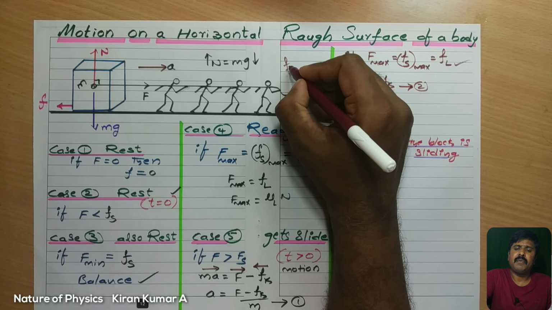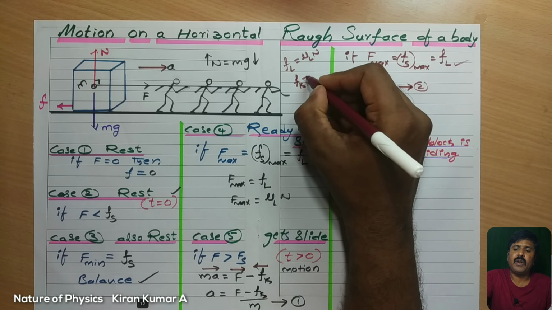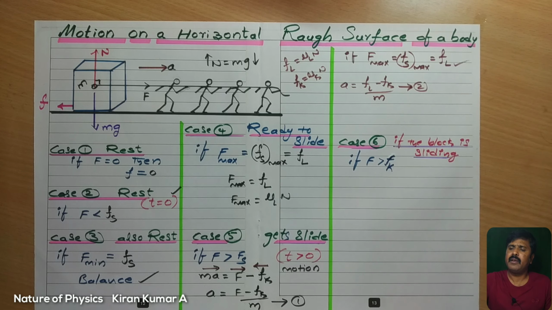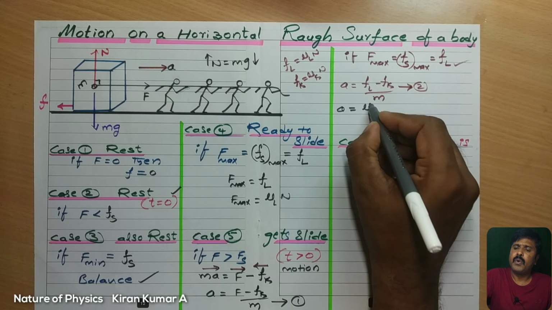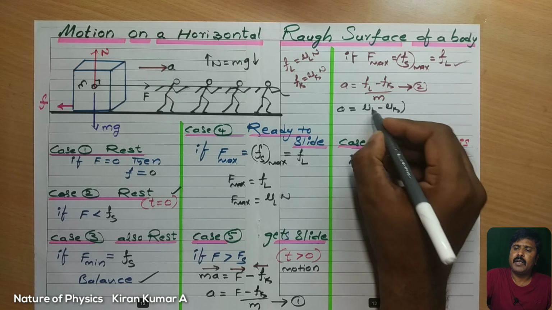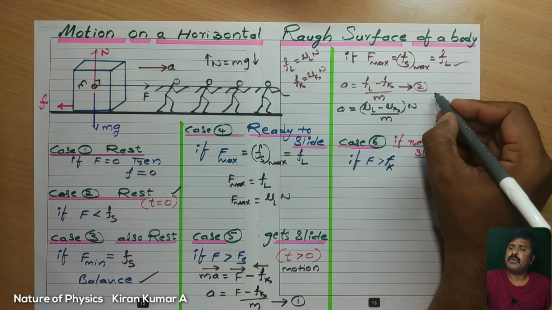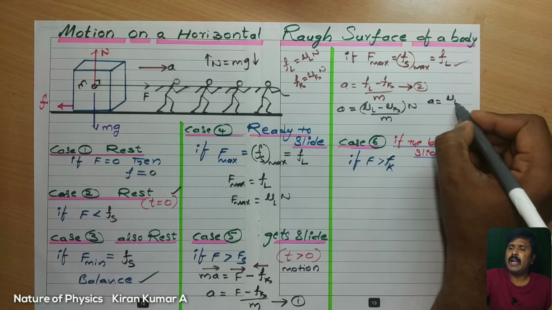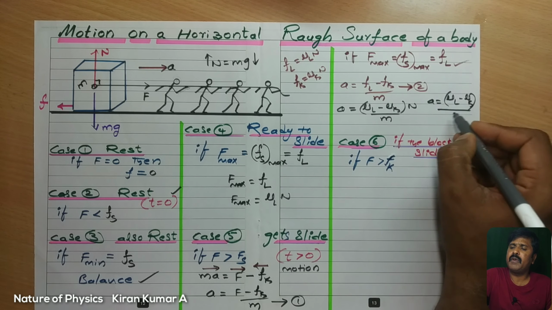But we know FL is equal, what is the formula, student? mu L into N, and Fk is equal to mu K into N, student. Continuing the step, we can write here a is equal to mu L minus mu K, divided by m, into N, student. Replacing the N value, we will get the acceleration a equal to mu L minus mu K into N, where N is equal to mg, student, divided by m.